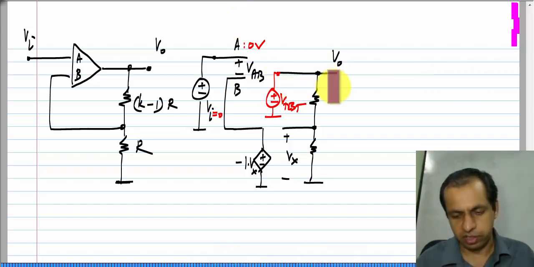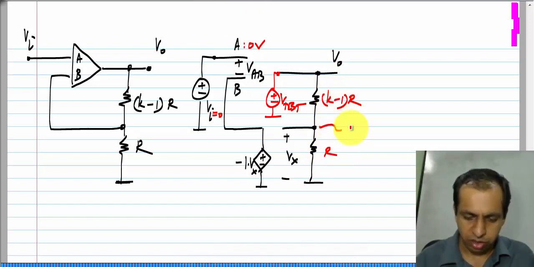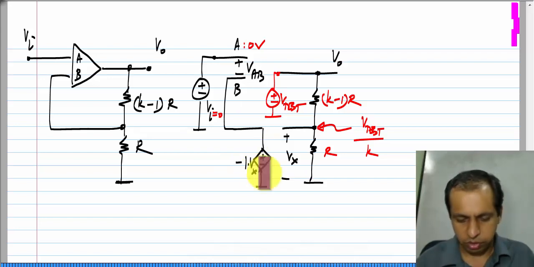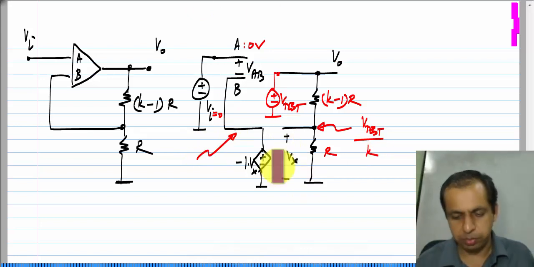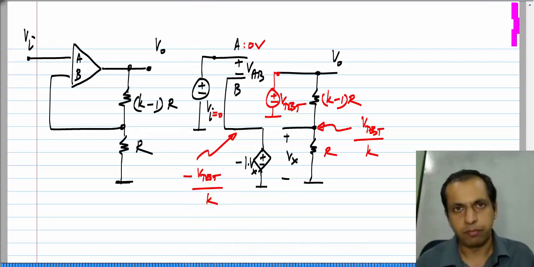If I apply V test here, we have a resistive divider and the same resistors as before, K minus 1 R and R. So, at this point we get V test divided by K. Now, I have this control source with a gain of -1. So, that means at this point, remember V x is V test by K, I have minus V test divided by K.